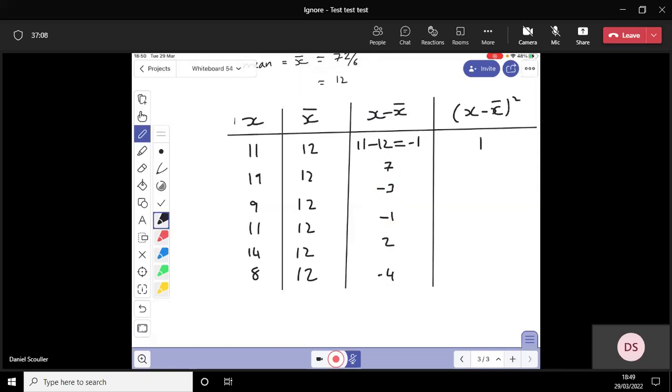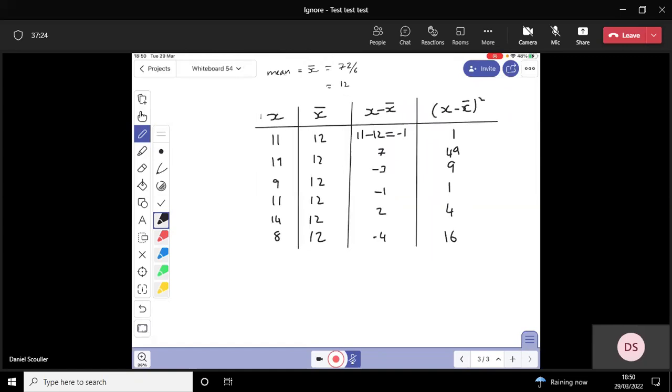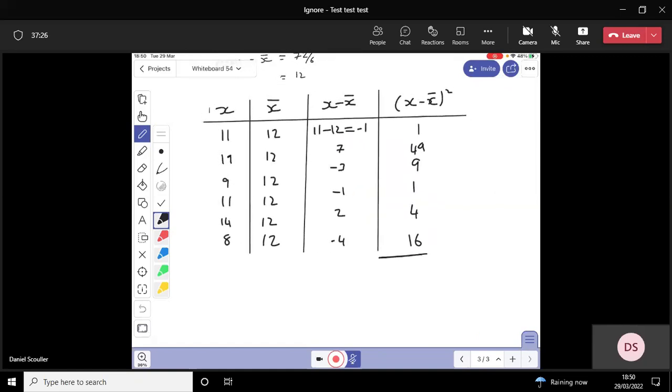So negative 1 squared is 1. 7 squared is 49. Negative 3 squared is positive 9. Negative 1 squared is 1. 2 squared is 4. 16. We do this column because we need to add up all of those numbers, because it makes up part of our formula.